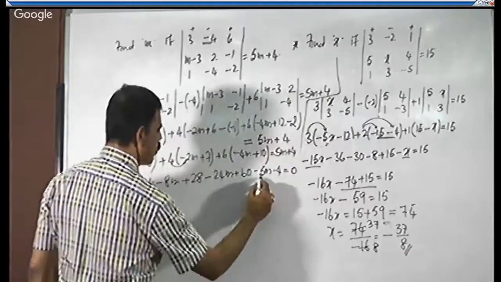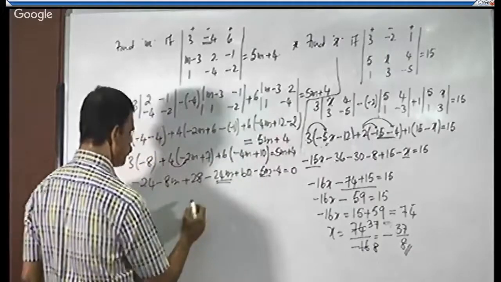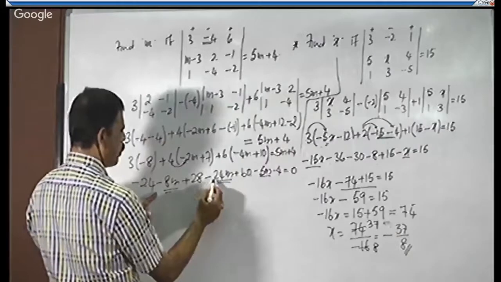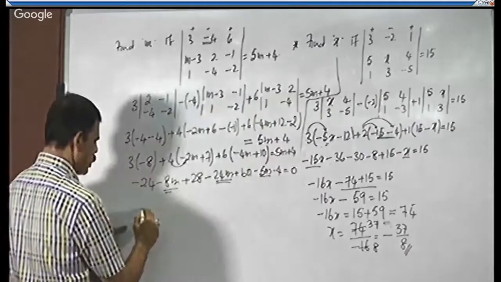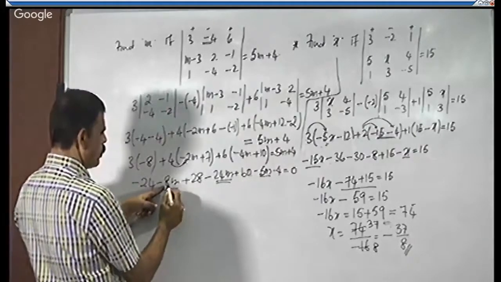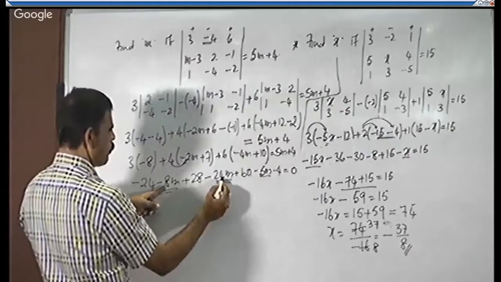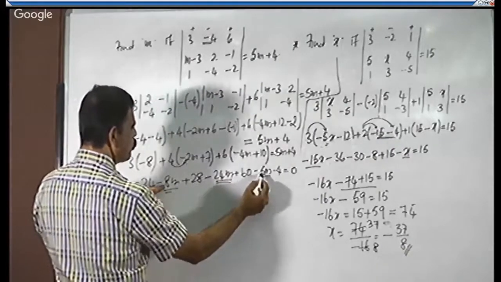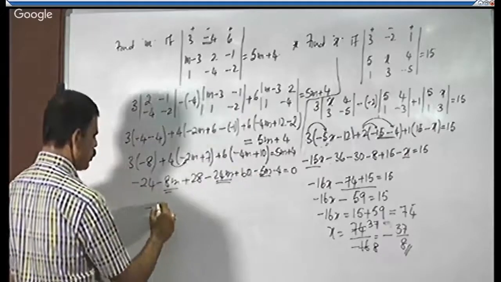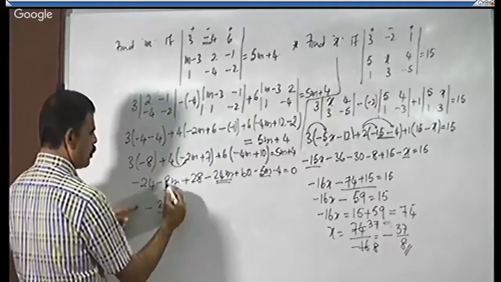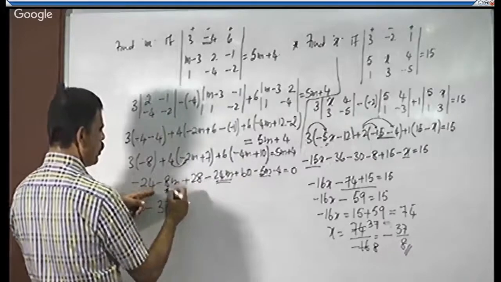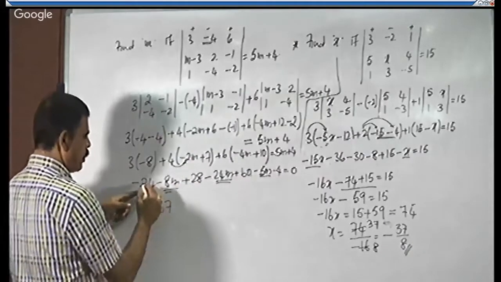Now collect all m terms. We have 3 m's, all are having negative sign. Put negative, then take their sum. 8 plus 24, that is equal to 32. 32 plus 5, 37. 8 plus 24 plus 5, right? 29 plus 8, 37.